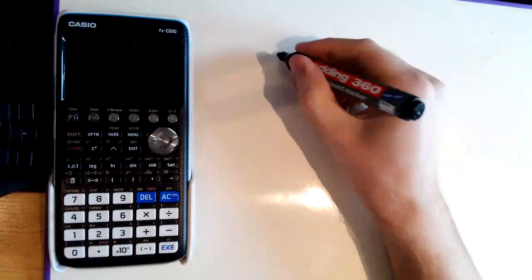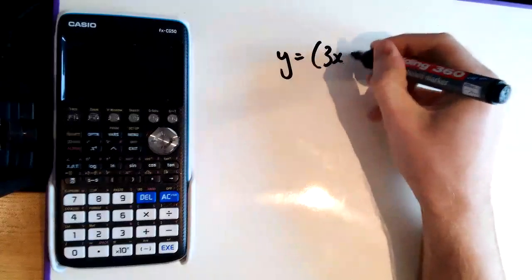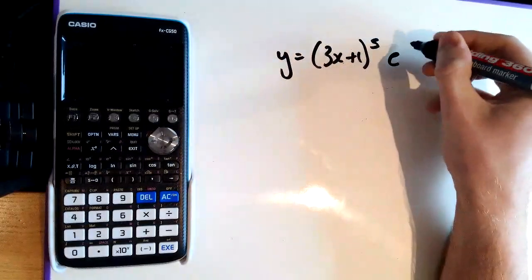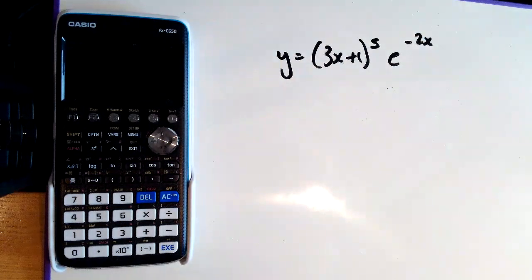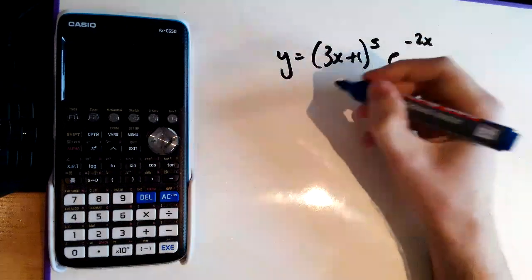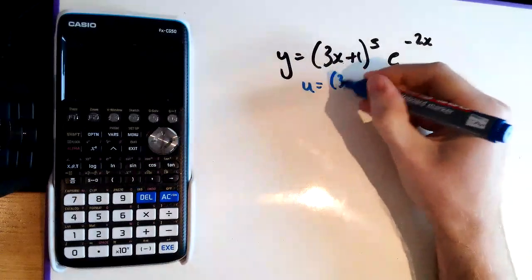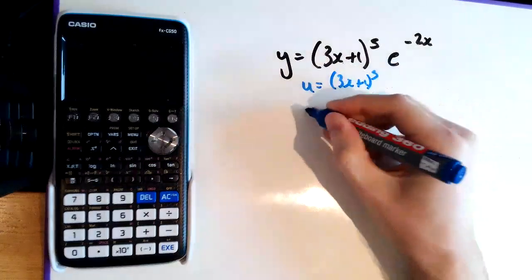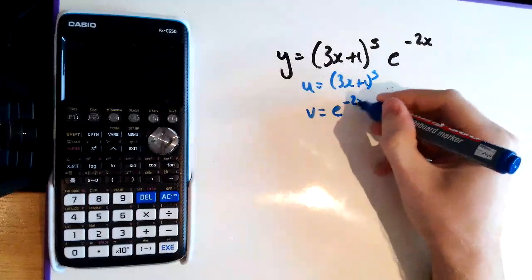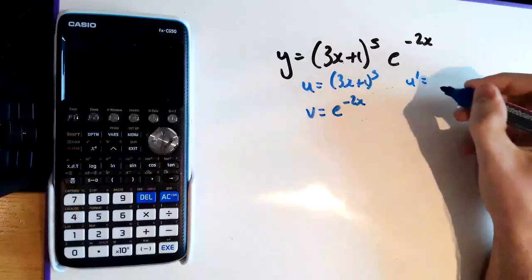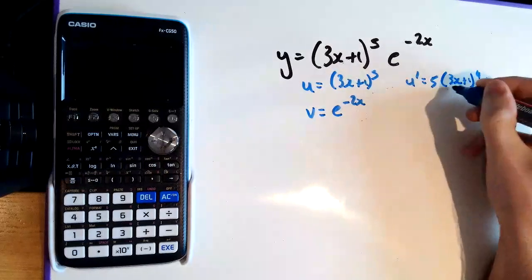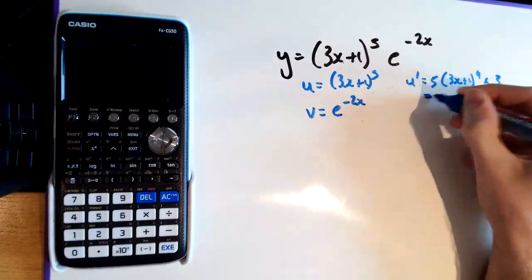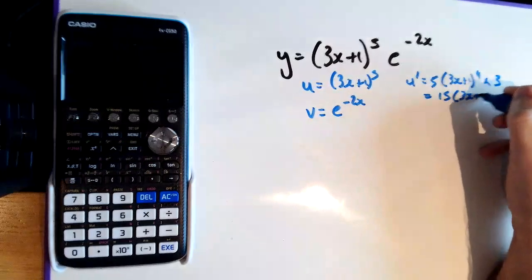We have y equals (3x+1) to the power 5, e to the minus 2x, and we want the exact gradient. So we need to differentiate it. So we need our u's and our v's. So u equals (3x+1) to the power 5, v equals e to the minus 2x. u dash is 5(3x+1) to the power 4, times by the derivative, times by 3, so that's 15(3x+1) to the power 4.